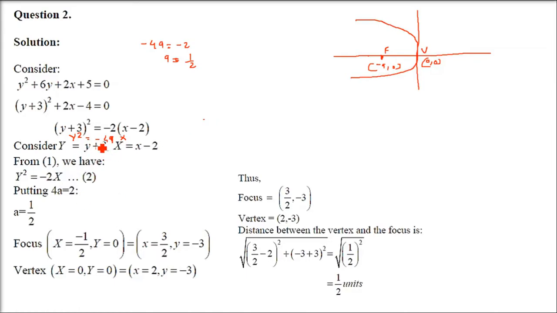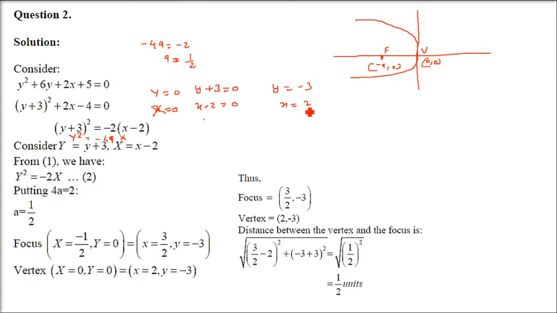So the vertex is 0, 0. That is y plus 3 is 0, capital Y. So y plus 3, or you can say capital Y equals 0. So y equals minus 3. Similarly capital X is 0. So x minus 2 is equal to 0. X equals 2.